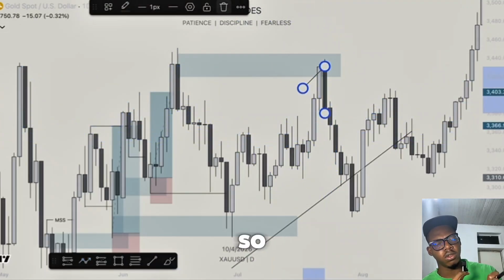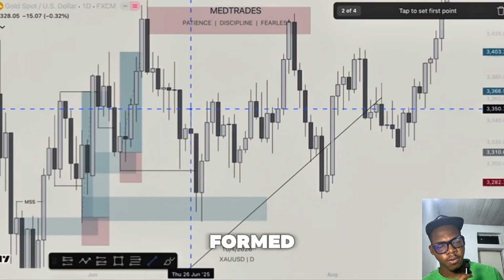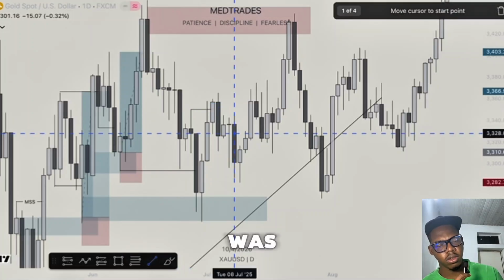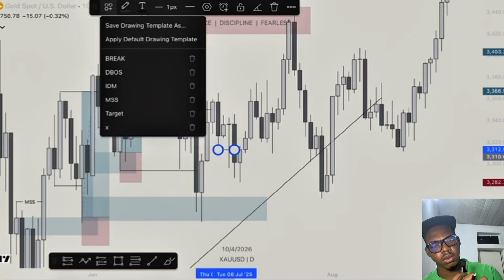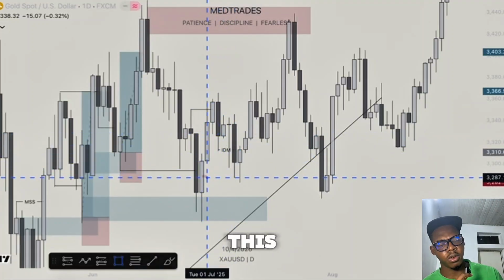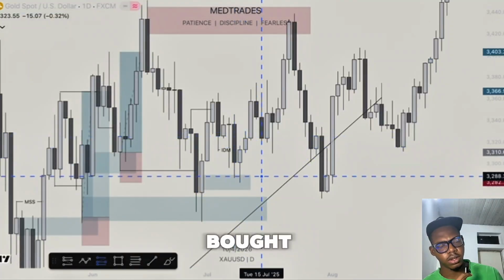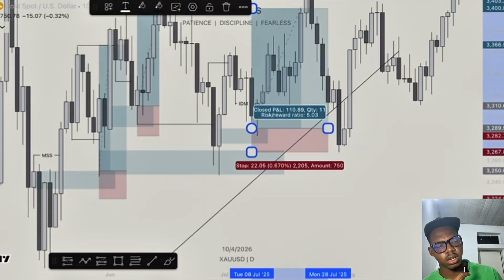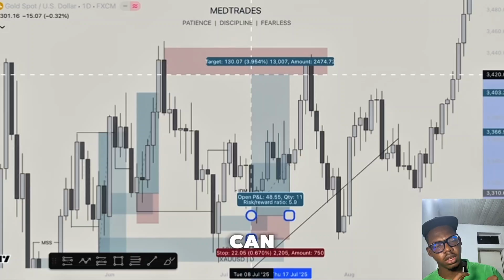And so right now, if I want to see, price came here, formed its reversal, this was the inducement, and price tapped into this OB and it bought this level here. Can you see it?